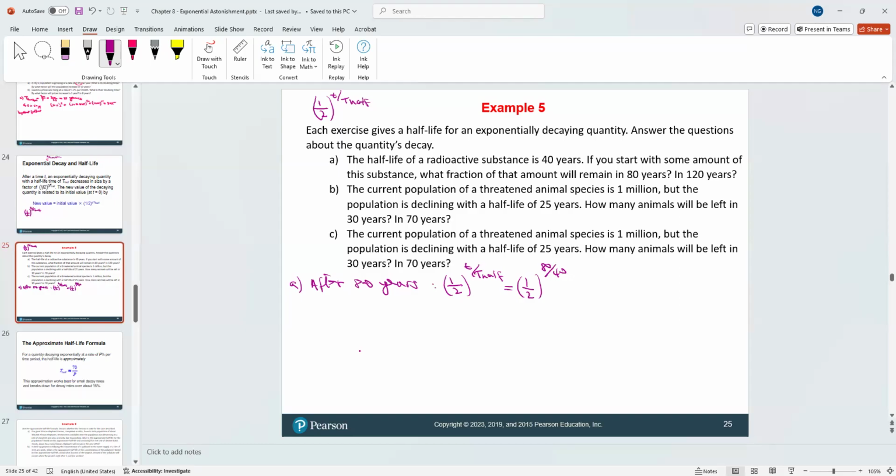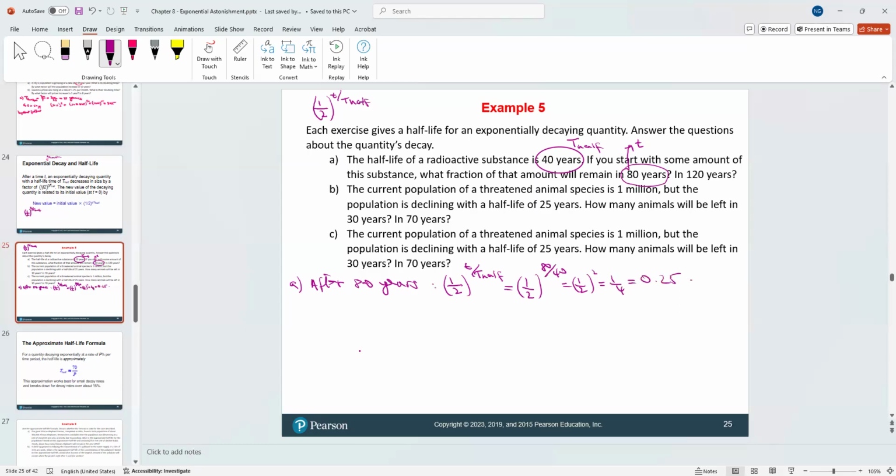So what they give you here is T half, and this one here is small t. Putting this together, it would be 1/2 power 2. That gives you 1/4. So that's 0.25.